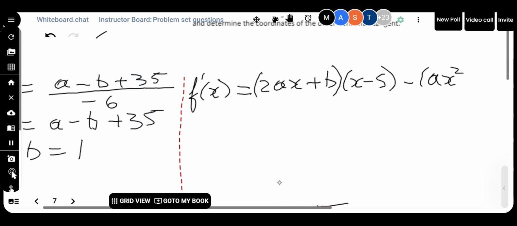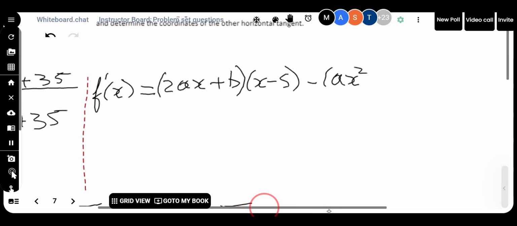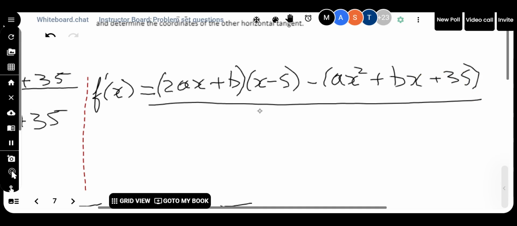Okay, minus ax squared plus bx plus 35. And all of this is over the denominator of x minus 5 squared.